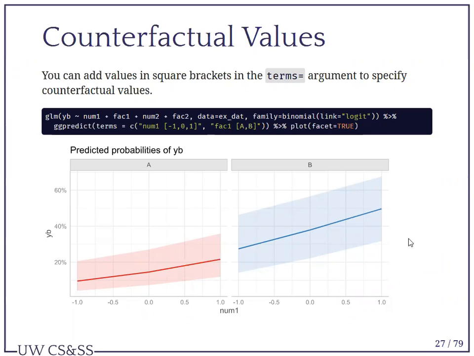And so how that will look is you say what the variable is, and then in brackets, you can say from -1 to 0 to 1, or for factors A and B, and then it will predict from -1 to 1 for factors A and B what our values are given the rest of the information in our model.